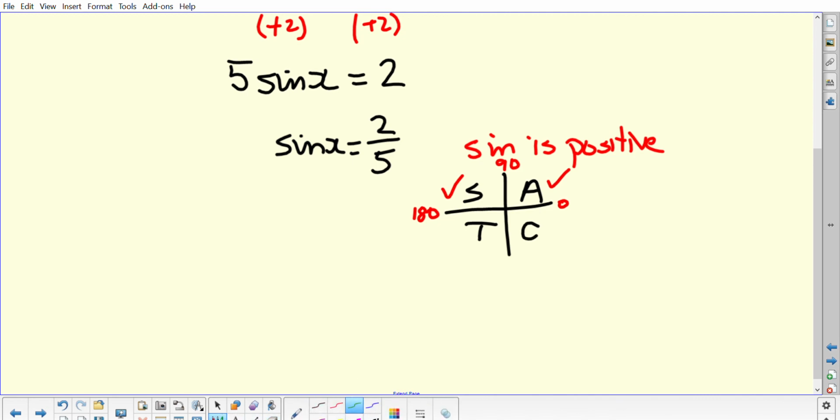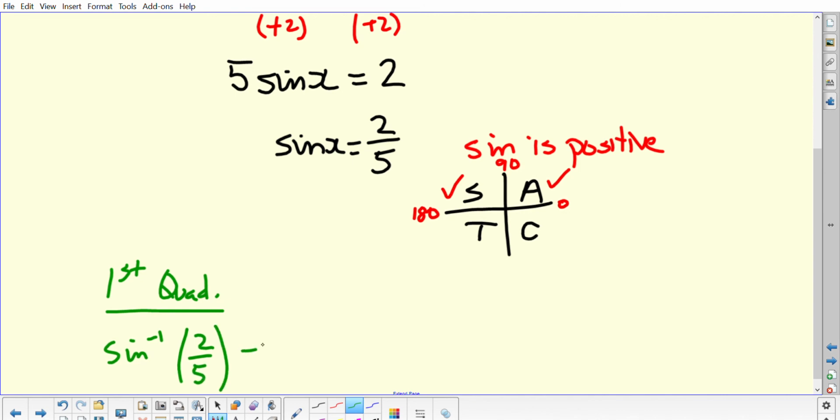So for this first quadrant, you go to the calculator, you do sin to the minus 1 of, use your fraction key, 2 over 5, and you will get the angle 23.578, a whole load of other digits, so we'll call it 23.6 degrees.